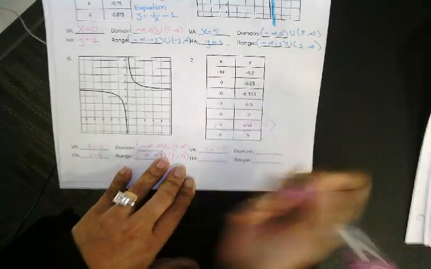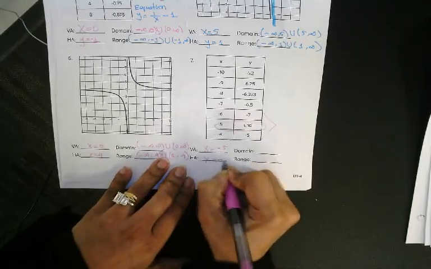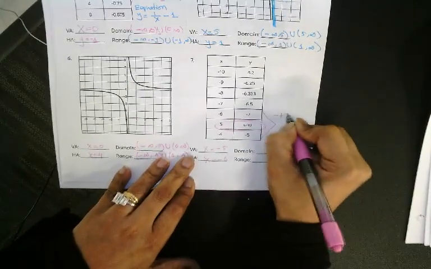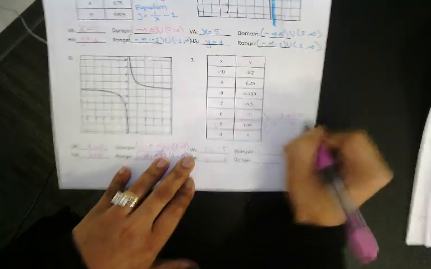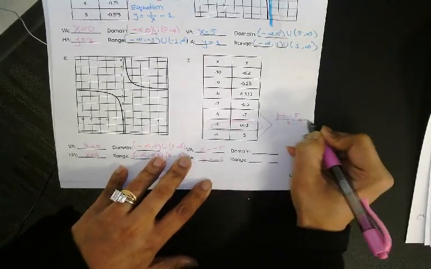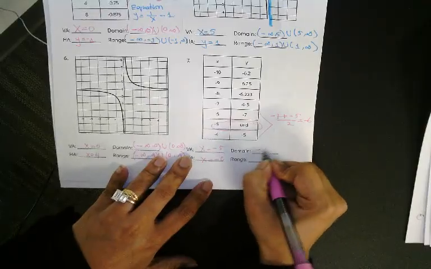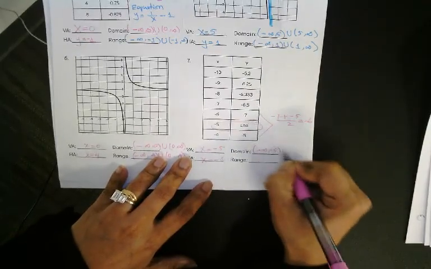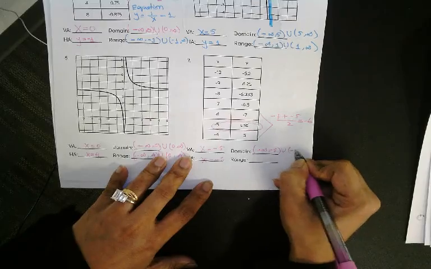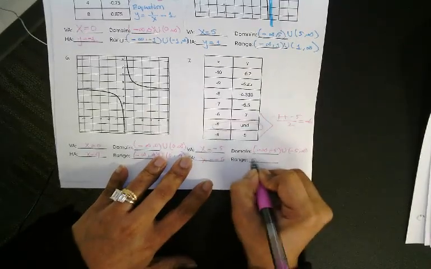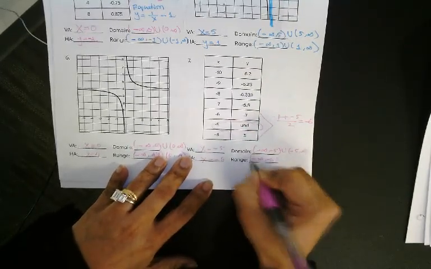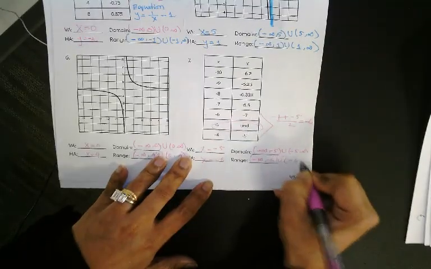And the horizontal asymptote, y equal to negative 6, because negative 7 plus negative 5 over 2 is going to give you negative 6. Now the domain: negative infinity up to negative 5, negative 5 to infinity, and negative infinity up to negative 6, and negative 6 to infinity.